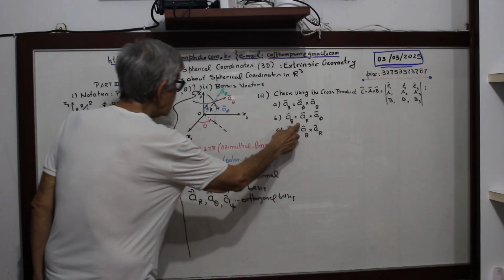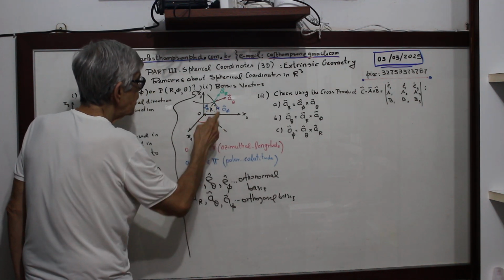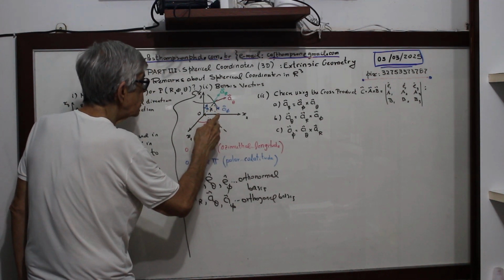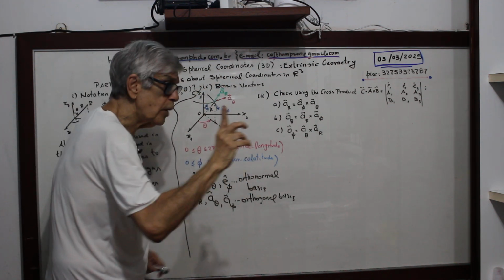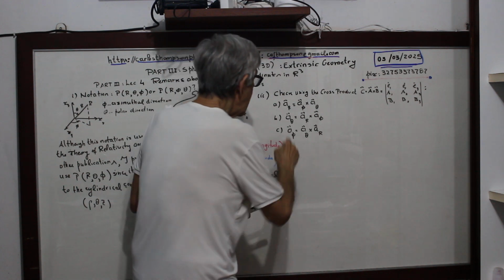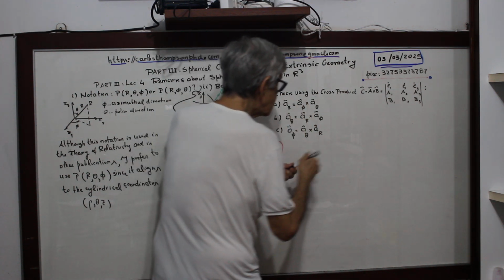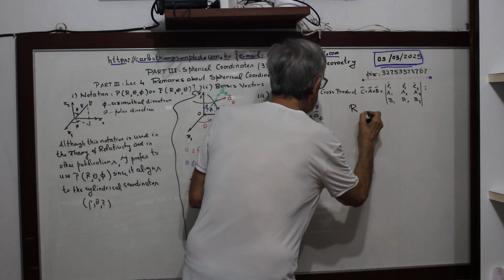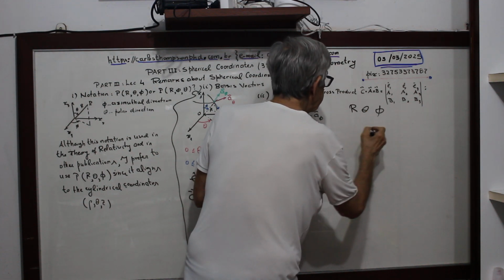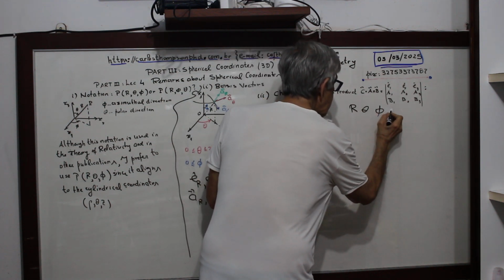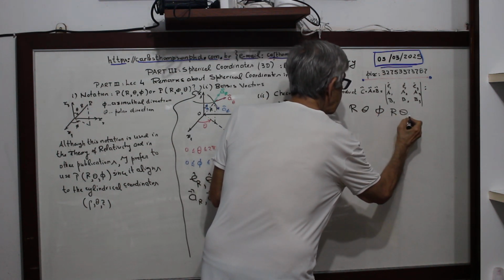Likewise, E sub theta here is obtained by E r. A trick for you. Look, I can write this one, that's a trick. r, let's put theta and phi. This is a permutation.